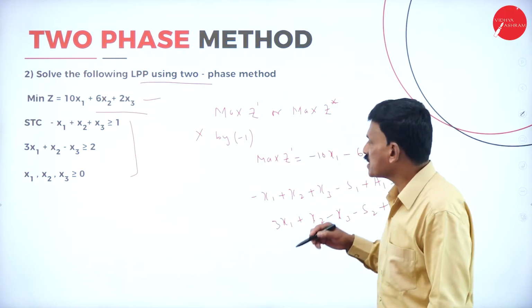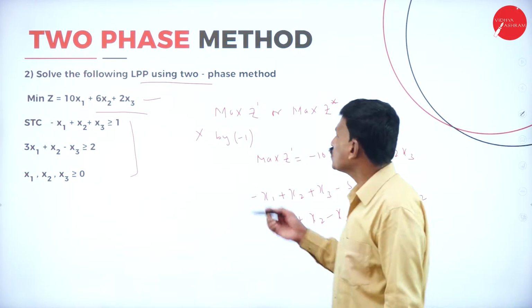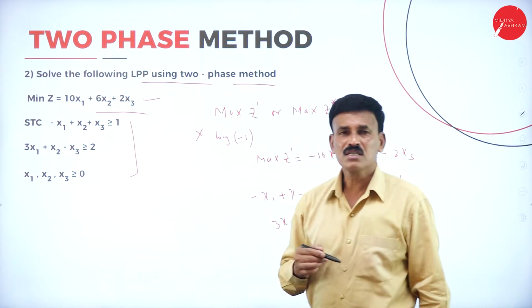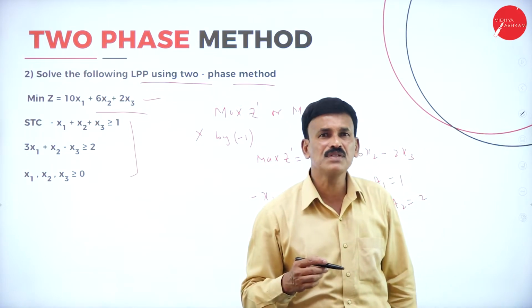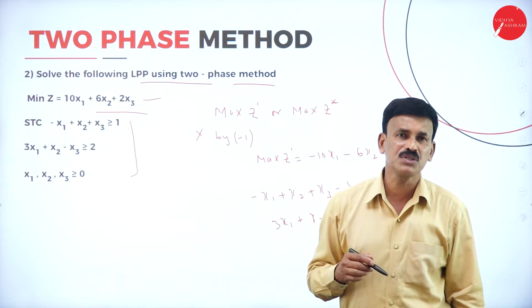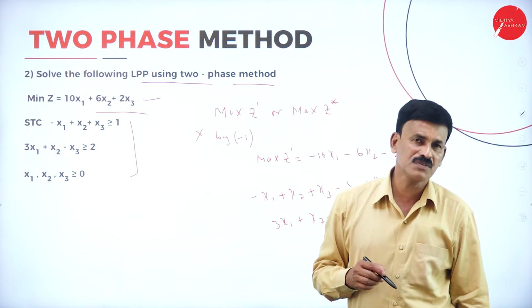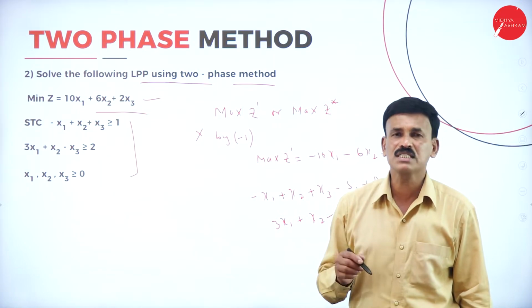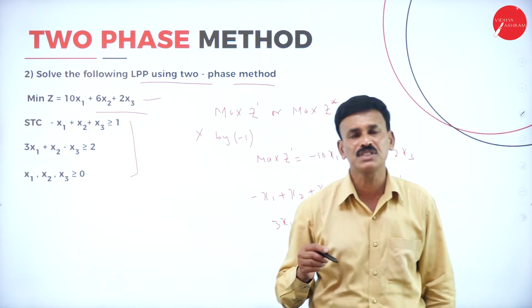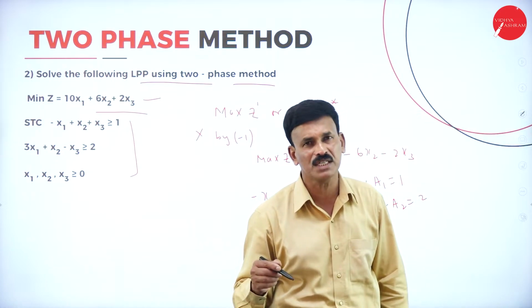Considering the standard form of the equation, to construct the first phase, we have to take all the coefficients of the variables as 0 except for a1 and a2. The coefficients of a1 and a2 are minus 1.